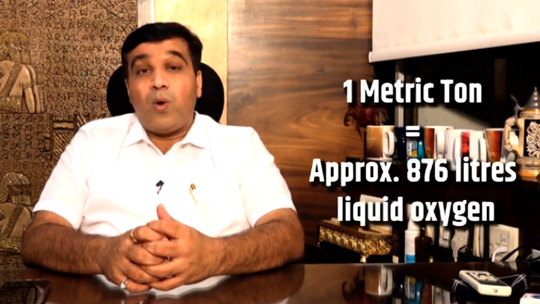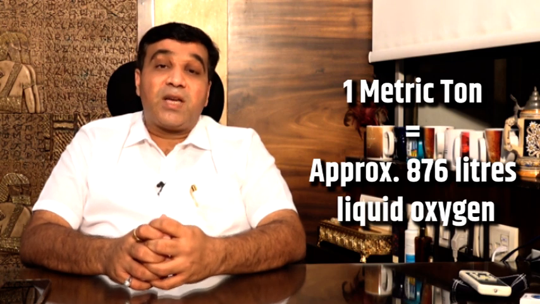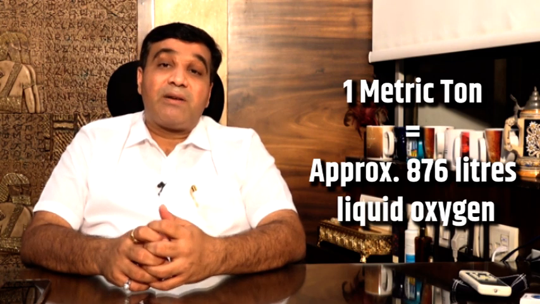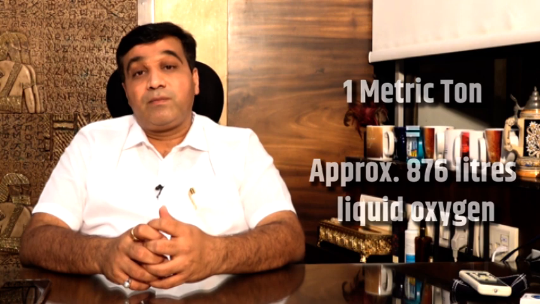So basically, when industrial grade oxygen or medical grade oxygen is delivered, it is measured in metric tons. 1 metric ton is equivalent to 870 liters of liquid oxygen. And 1 liter of liquid oxygen is equivalent to 876 liters of gaseous oxygen.